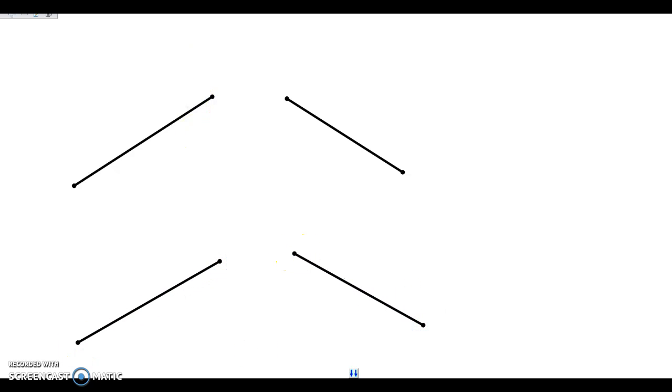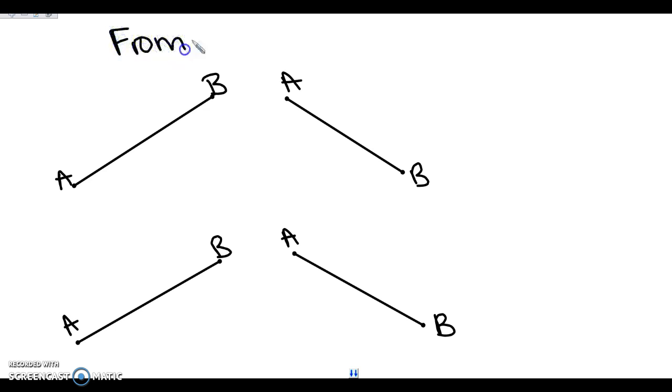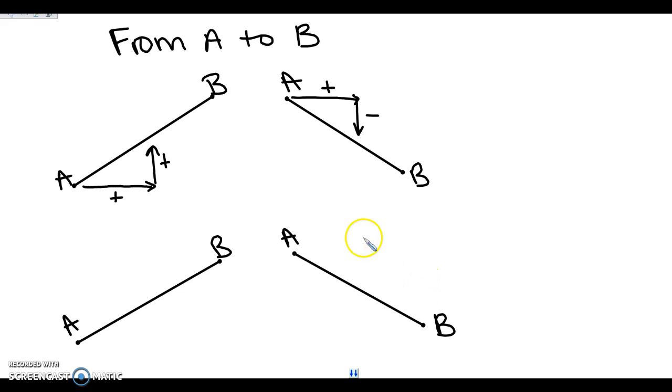And if I label these as segment AB, each one of them, and A I'm going to put on the left, and B I'm going to put on the right. So if I'm going from A to B, horizontally, I'm going to move in a positive direction. Vertically, I'm going to move in a positive direction. Okay, if my slope is negative, horizontally, I'm still going to move in a positive direction. Vertically, now I'm going to be moving in a negative direction.